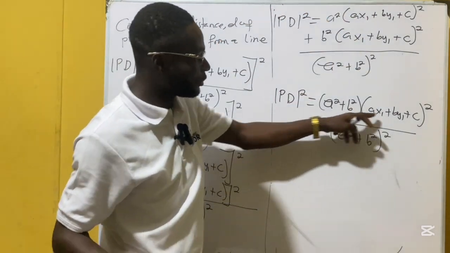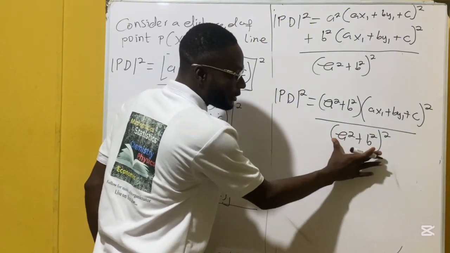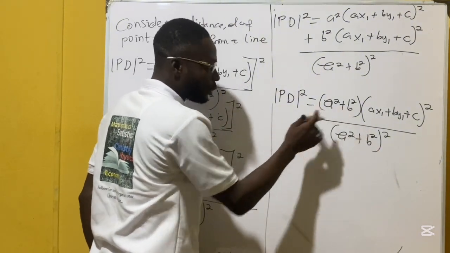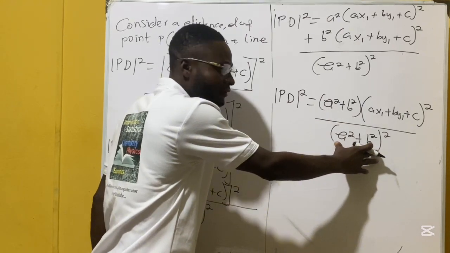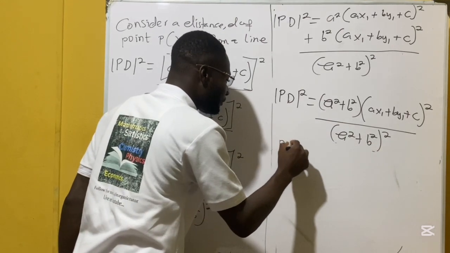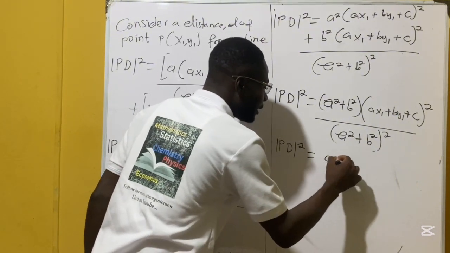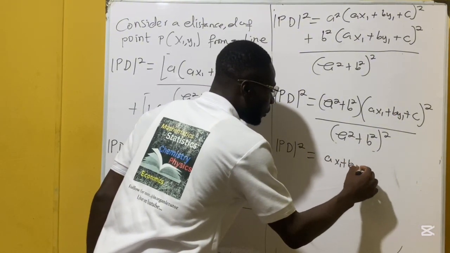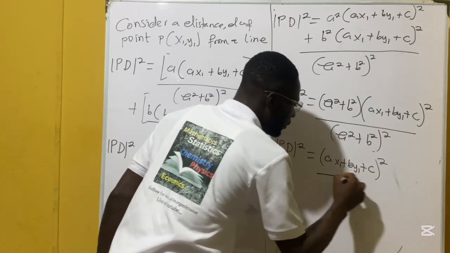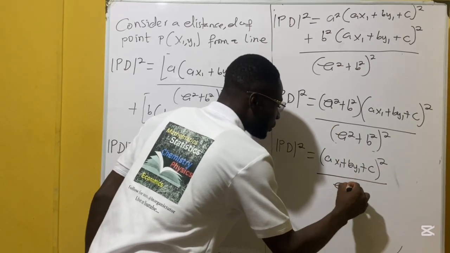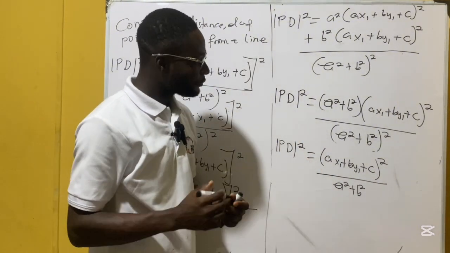So we can see that this is 2 and this is 1, so we can clear this over here and lose one of these, right? So we're going to have distance PD equals A x1 plus B y1 plus C, all squared, over A squared plus B squared here, okay?